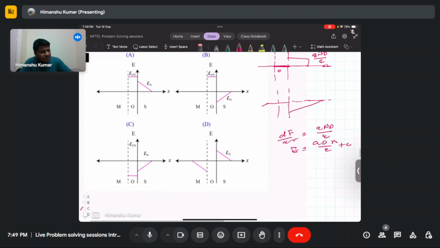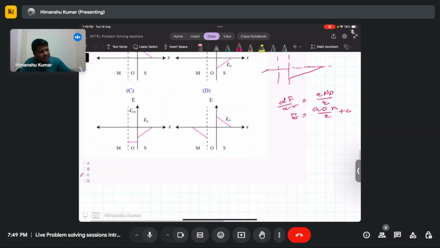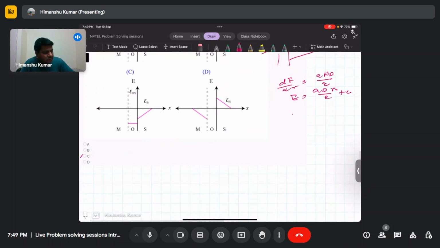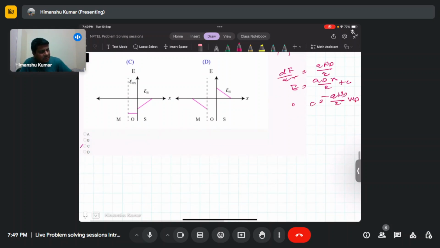At x equals W_D, the depletion width, the field will be zero, so c equals minus q N_D by epsilon W_D, and the electric field becomes q N_D by epsilon times (x minus W_D).